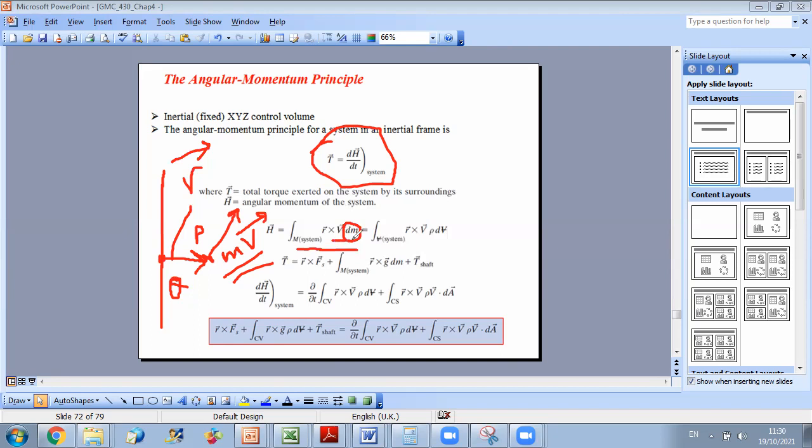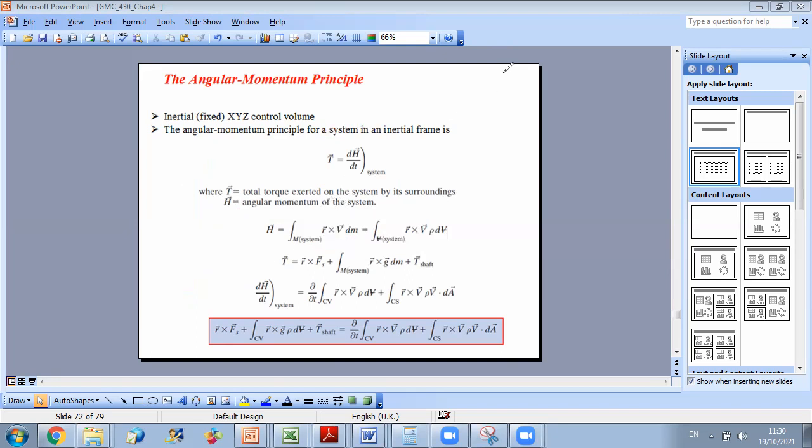Its linear momentum is dm times the velocity at this point, and of course I do r vectorial linear momentum to get the angular momentum for this small part. To get the total angular momentum, I will integrate over the system. Now you can replace dm by rho dv.